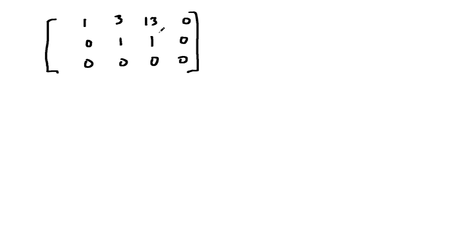Okay, look at the second row here. Notice the variable for C3 is free. It could be anything, so let C3 be T, a free parameter.